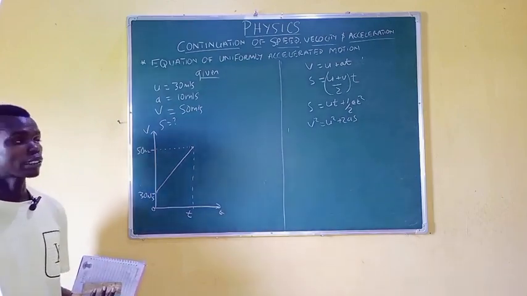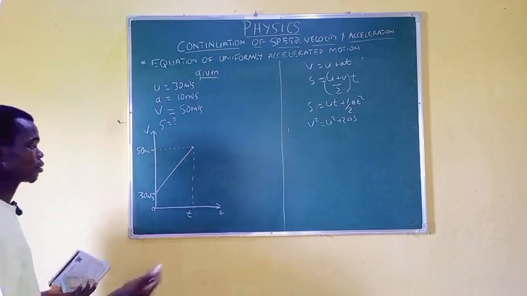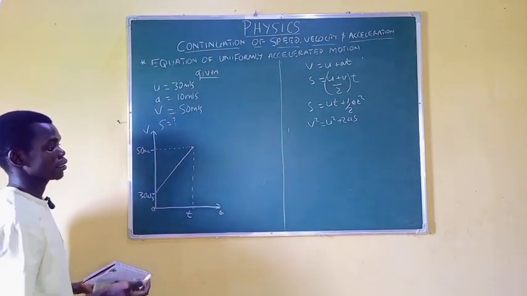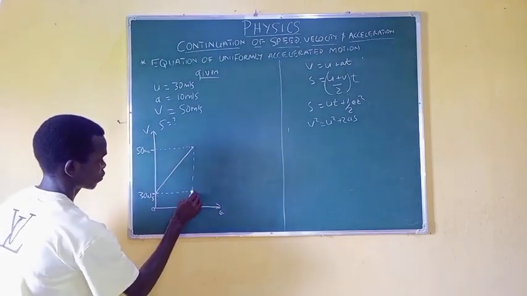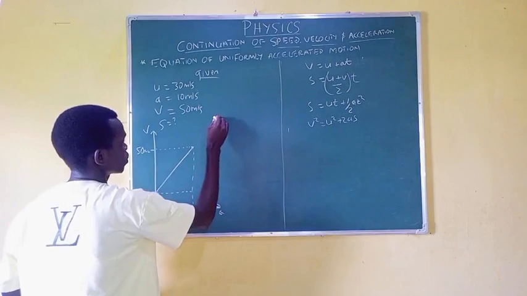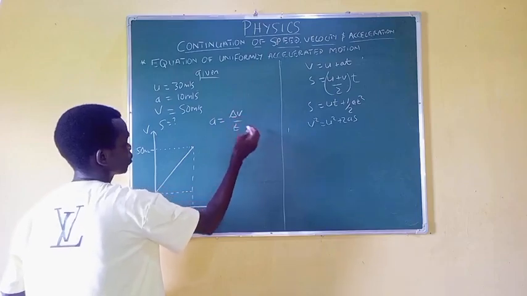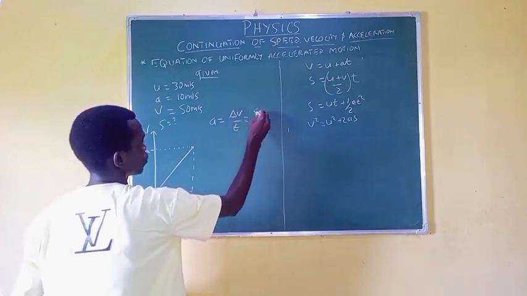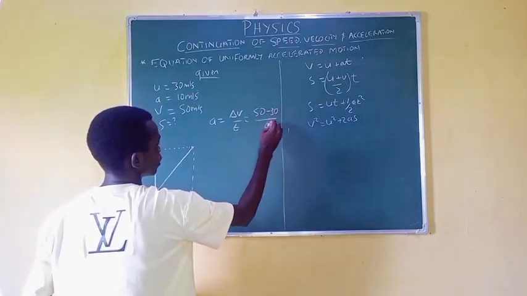And we know that in a velocity time graph, the slope is equal to acceleration. Let's find the time using the slope. Acceleration is equal to change in v over time, which is 50 minus 30 over the time.